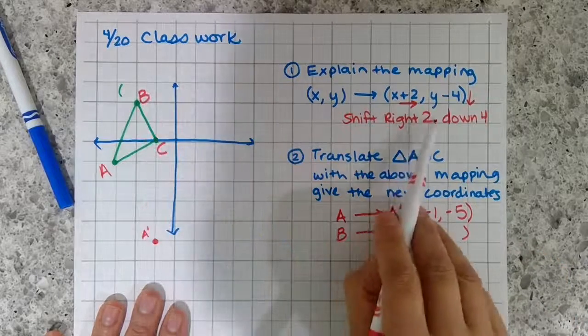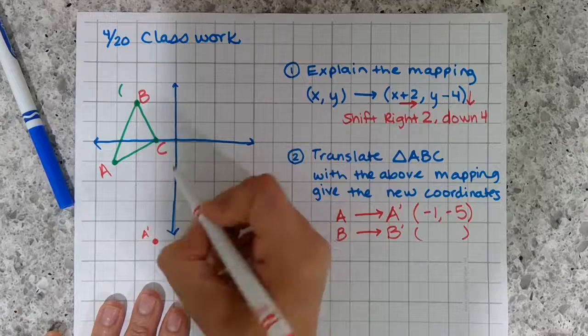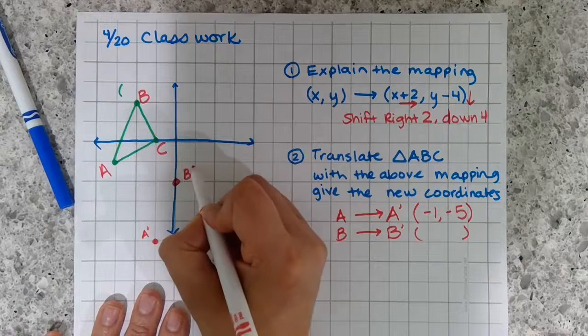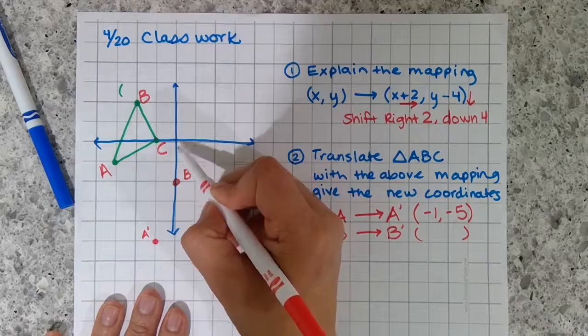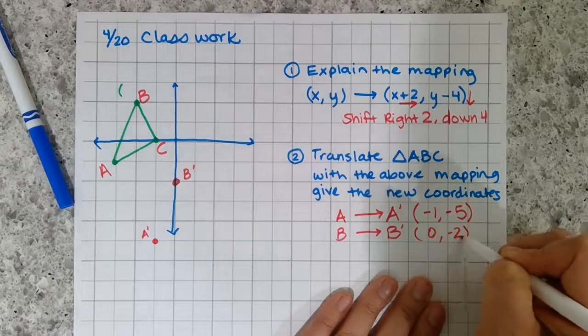So in the same direction, right 2 down 4, right 2 down 4, B prime, and our coordinates are 0, -2. Over 0, down 2.